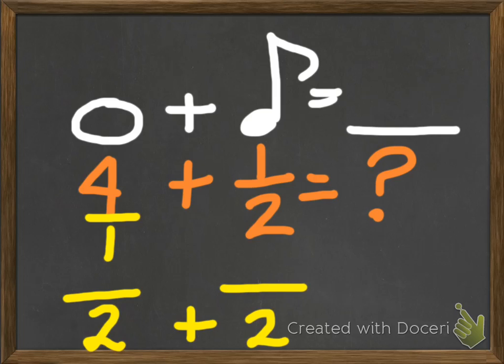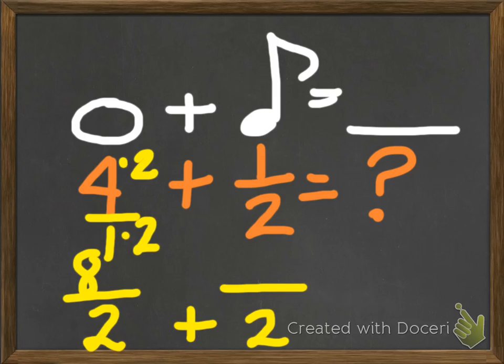So what do I multiply by 1 in my first fraction to get 2? 1 times 2 is 2. So I must multiply the top number by that same number. So I'm going to multiply 4 and 2. So 4 times 2 is 8.